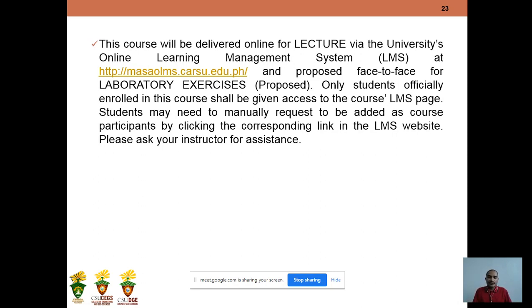laboratory exercises. And so we have our course LMS, the GE113 Hydrographic Surveying, and I hope and assume that all of you are enrolled in our course page. And if ever you are not yet enrolled or you overlooked it, kindly inform me if you are not officially enrolled in the MASAW LMS. Only the students officially enrolled in this course shall be given access to the course LMS page.